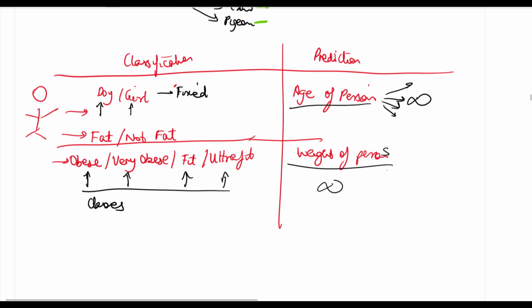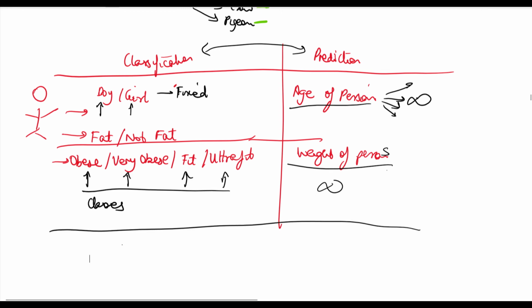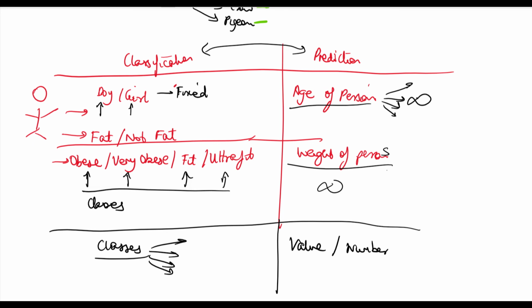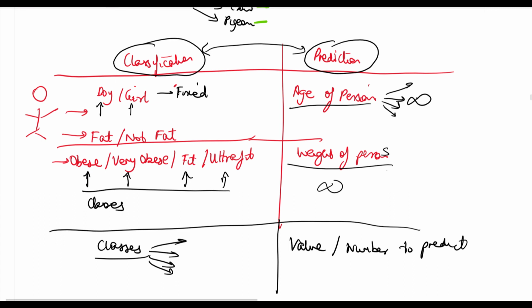So another difference between classification and prediction is, with classification you have a fixed number of classes, a fixed number of outputs, whereas in prediction you typically have a value or a number to predict. This is the fundamental difference between classification and prediction or estimation, which we must understand, because when humans learn, we need to ask ourselves, am I looking at a classification problem or am I looking at a prediction or estimation problem?